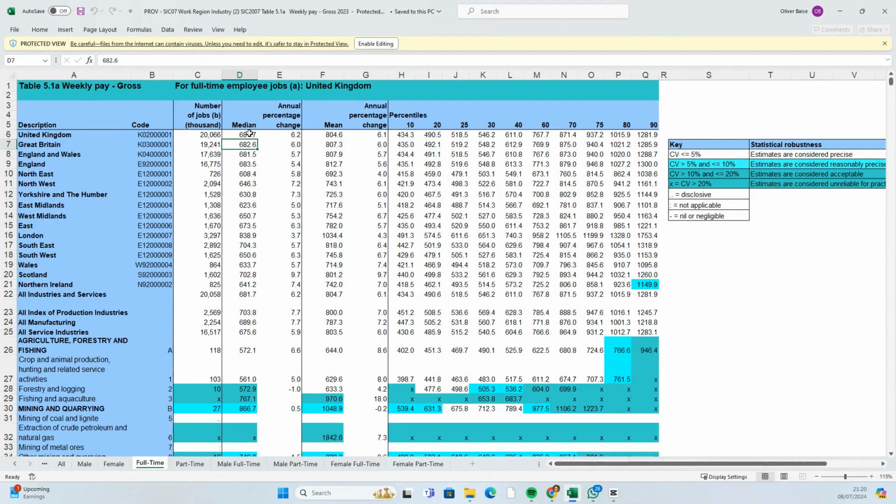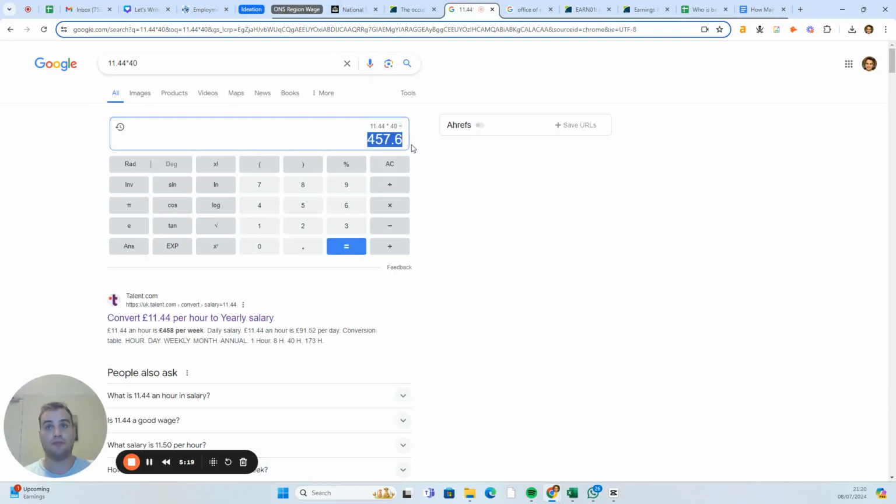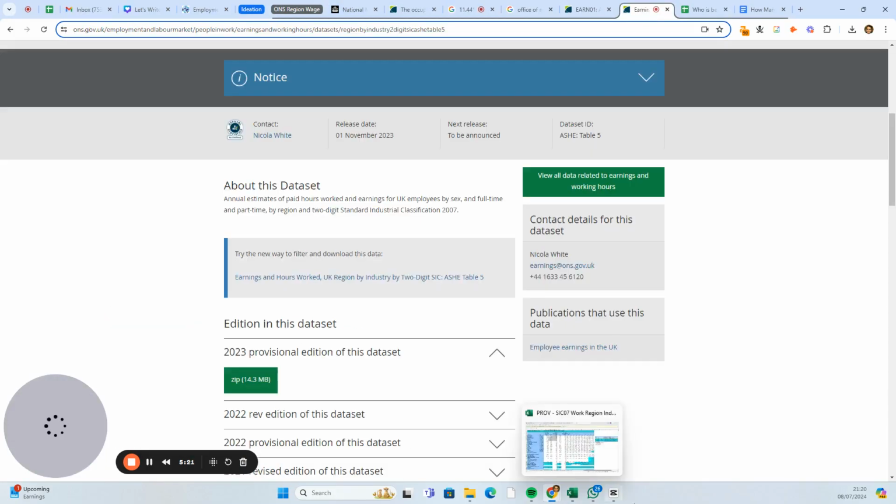And this breaks down the median earnings by region for full-time workers. And again, anything less than, what was the number again? Anything less than 457.6, you're earning under the minimum wage, assuming that you're over 21.